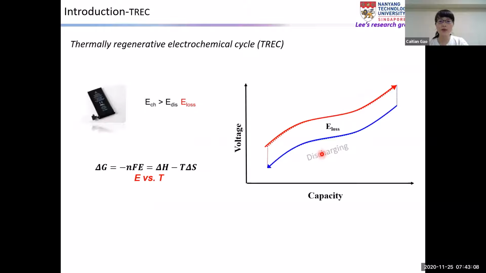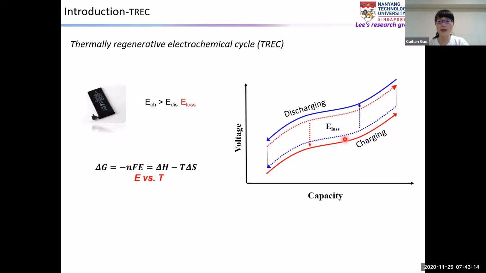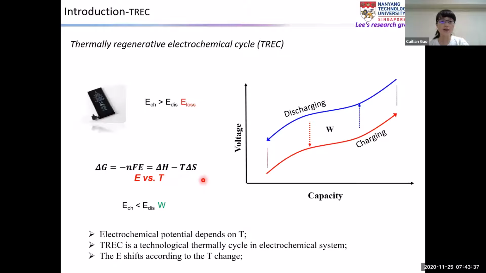That means to some extent, we can tune the potential by the temperature. And then maybe we can flip the discharging curve and charging curve, shifting the discharging curve higher than the charging curve. That means we can overcome the energy loss and gain additional energy from the temperature. This is the main idea of the TREC system.